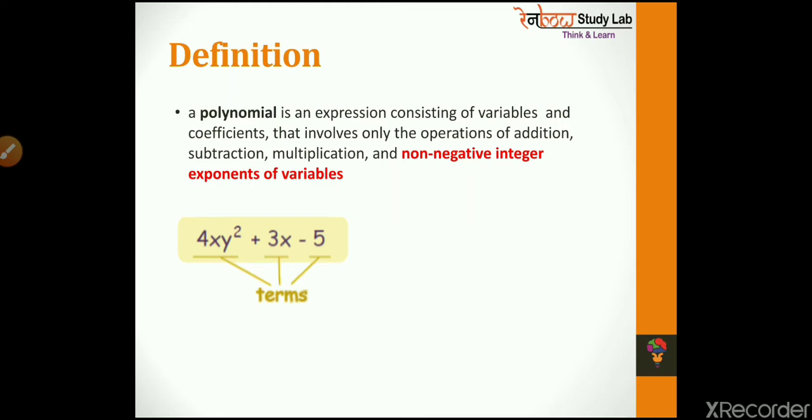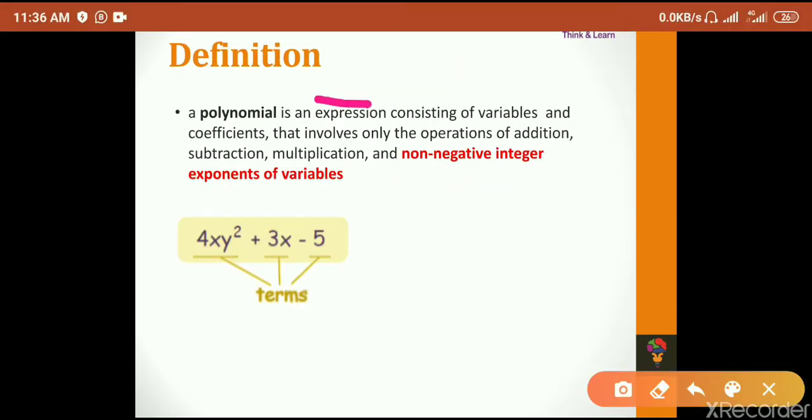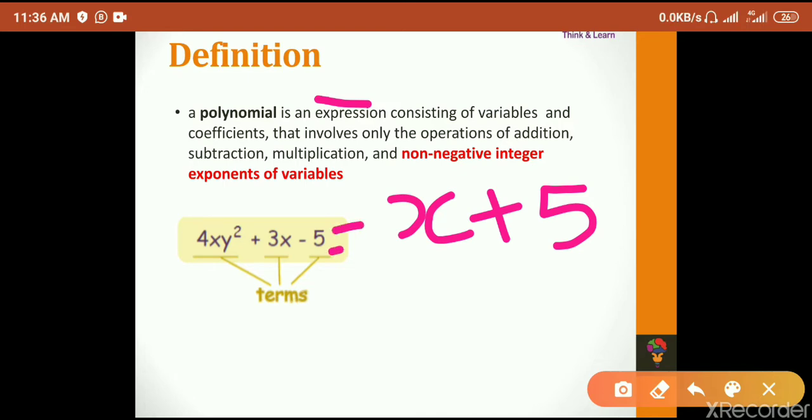A polynomial is an expression, but what do you mean by expression? There's a difference between expression and equation. Suppose you have written x plus 5. This is an expression where you are using some numbers and variables and writing a few terms. That is known as expression.